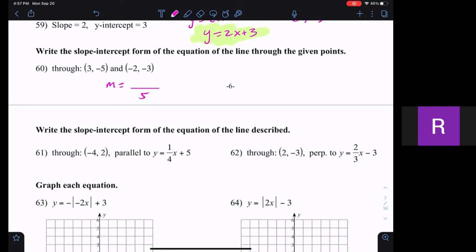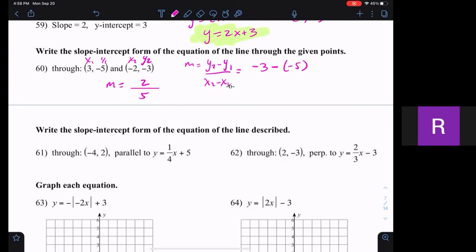And the change in y is 2 units, right? Okay, so that's the slope. You can do the slope this way: y2 minus y1 over x2 minus x1. That's the way you've been doing forever. x1, y1, x2, y2.